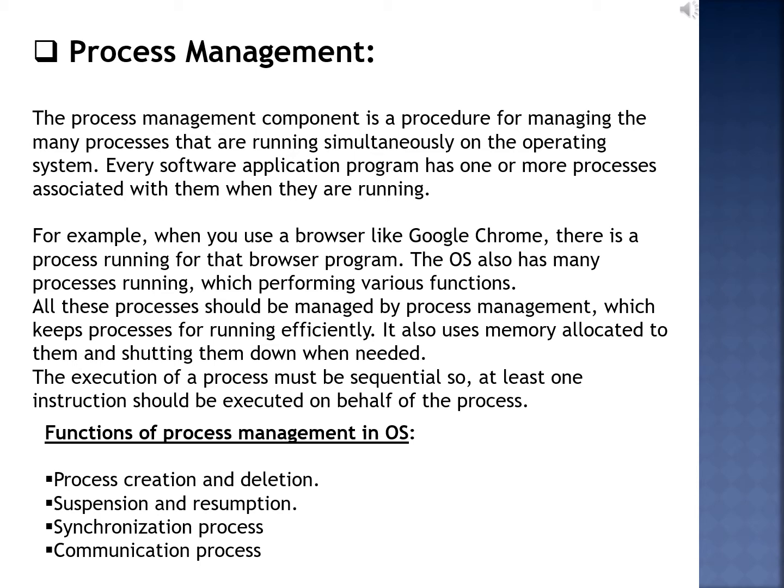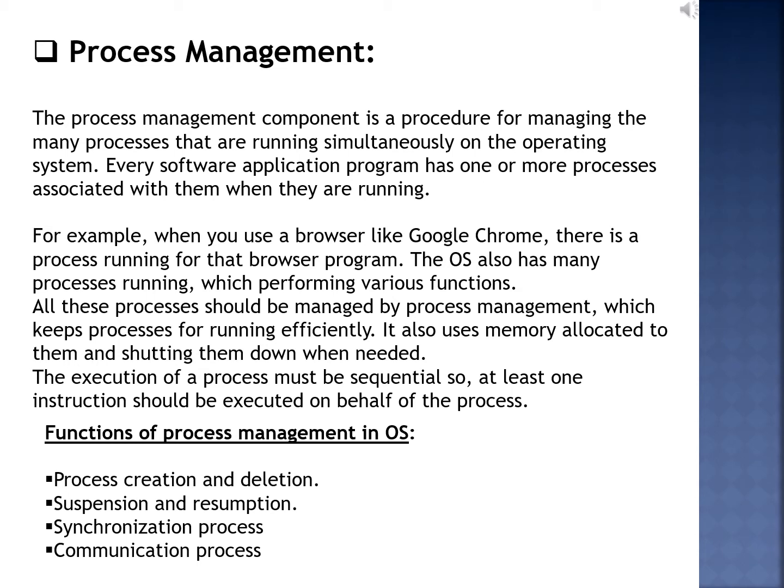Typically, a batch job is a process. A time-shared user program is a process. A system task such as spooling is also a process. For now, a process may be considered as a job or a time-shared program, but the concept is actually more general.